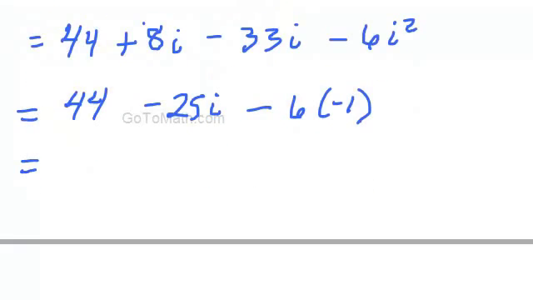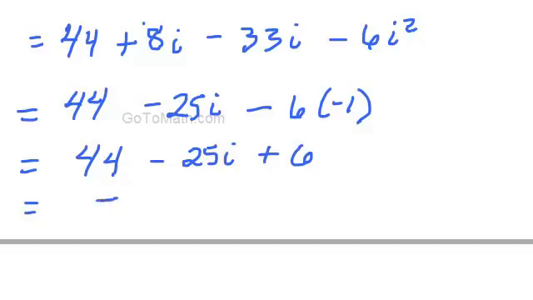So we end up with, I guess we'll write this again, minus 25i. A minus and a minus multiplied together gives us a positive, and it's just a 6. And now we have 50, is that right? 50 minus 25i. Bam, there it is.